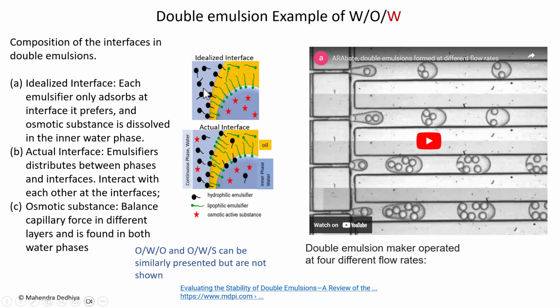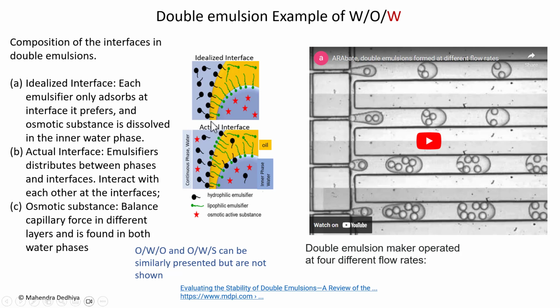In an idealized interface, the water in oil, the surfactant will orient in such a way that it covers the inner emulsion only. Oil and W2 continuous phase will have emulsifiers specifically designed so that they orient their structure, shown here as a black dot, only in W2 phase.